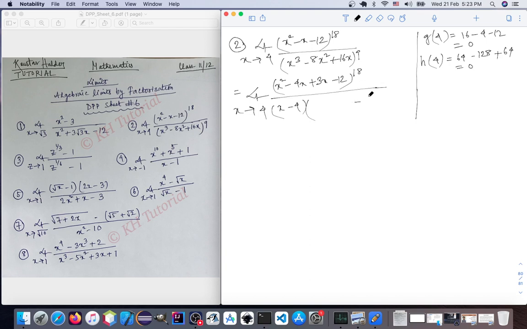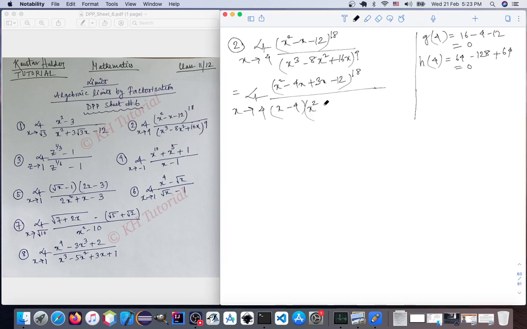So we must have minus 4x. x cube, we will start with x square, then we have minus 4x square, but we have over here minus 8x square. So we need another minus 4x square. So here we need minus 4x. So x cubed minus 4x squared.